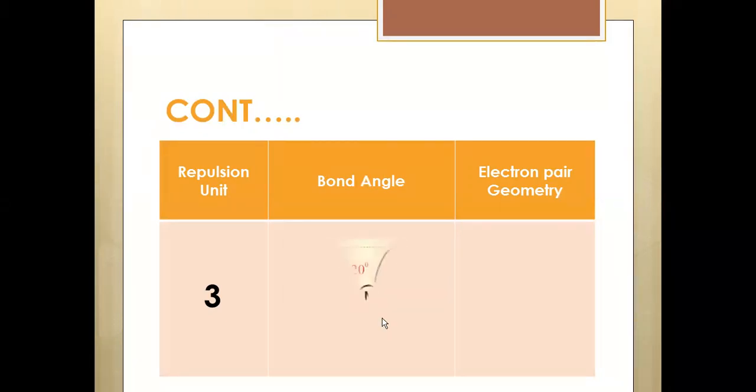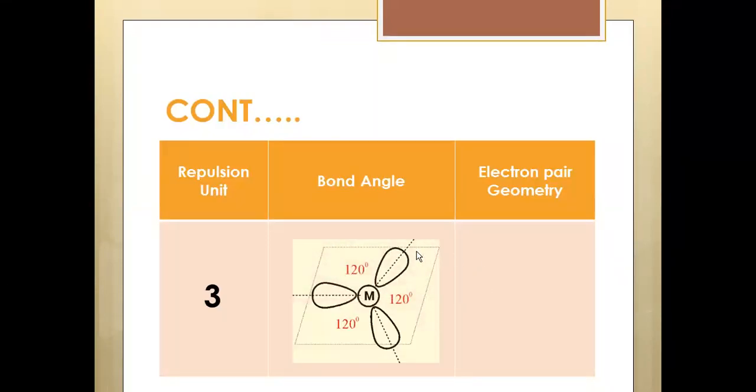Let's see. Planar means it is set by this dotted line, so that it is on the same plane, right? And the angle between the two bonds is 120 degrees, right? And this is called the trigonal planar. So let's move on to that.